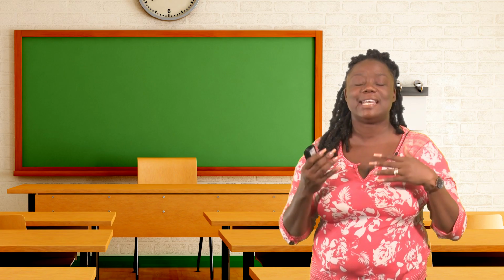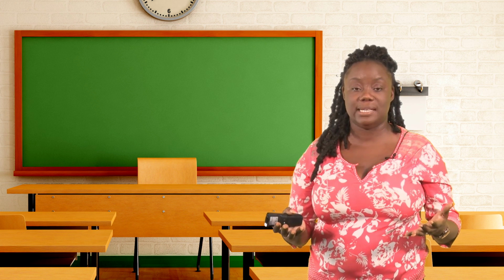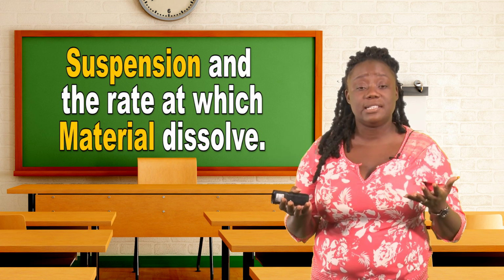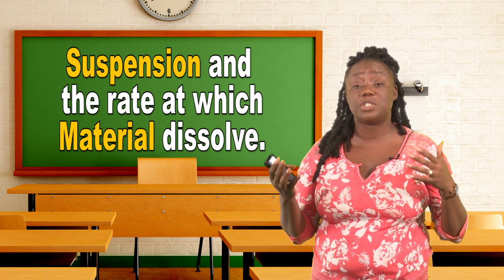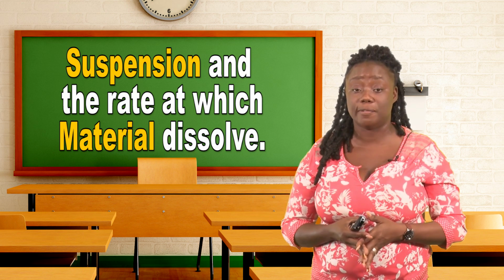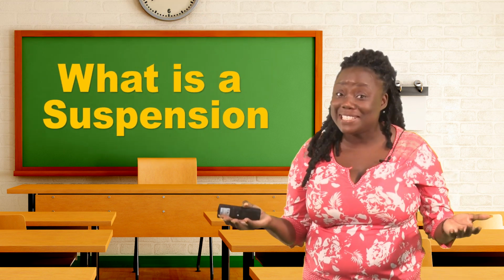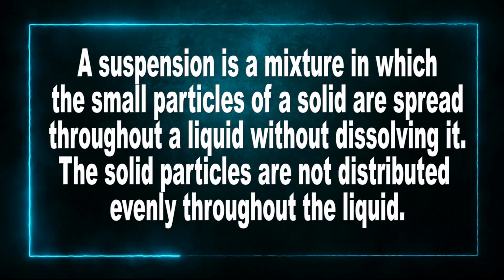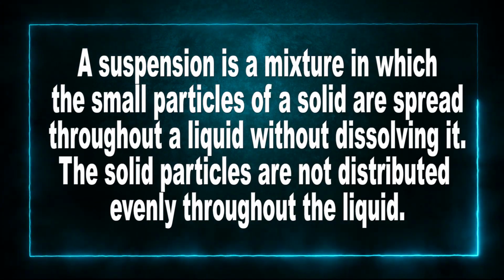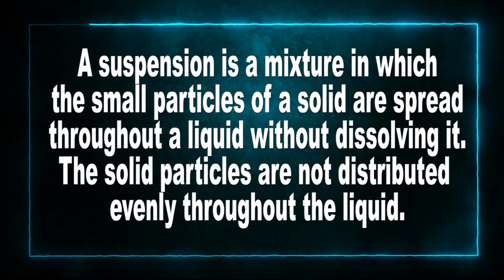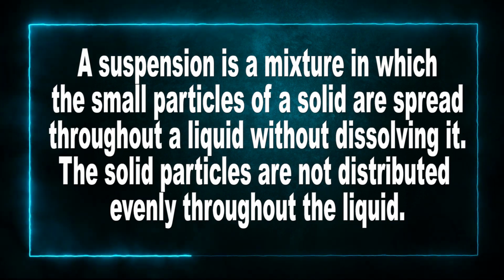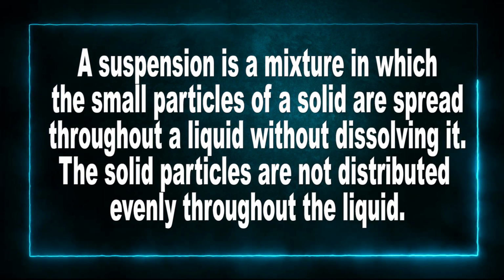So let's get into our topic for today. Suspensions and the rate at which materials dissolve. What is a suspension? A suspension is a mixture in which the small particles of a solid are spread throughout a liquid without dissolving.